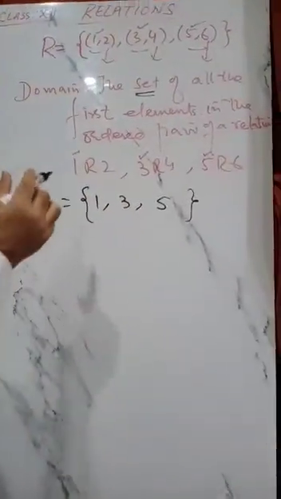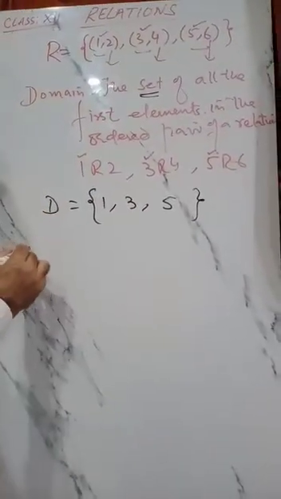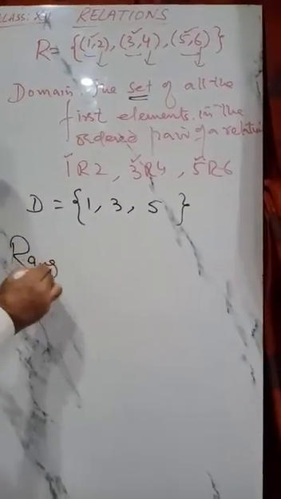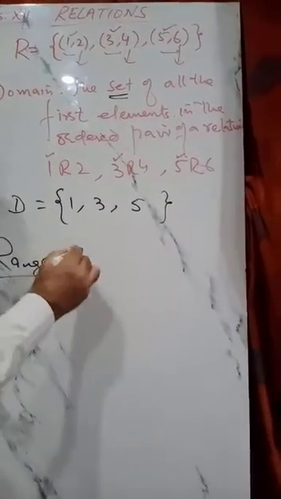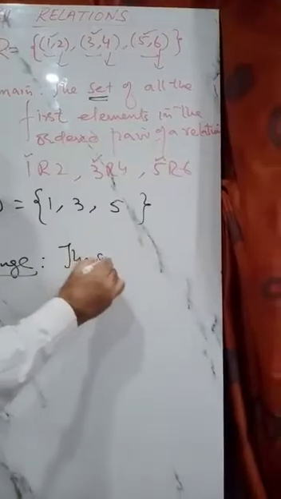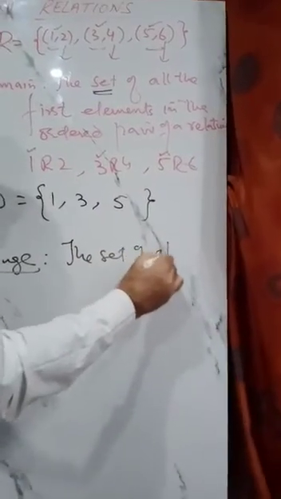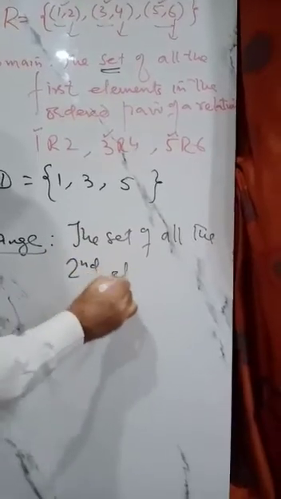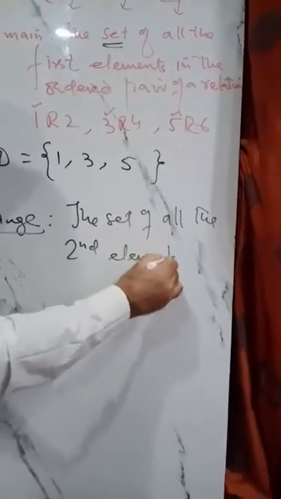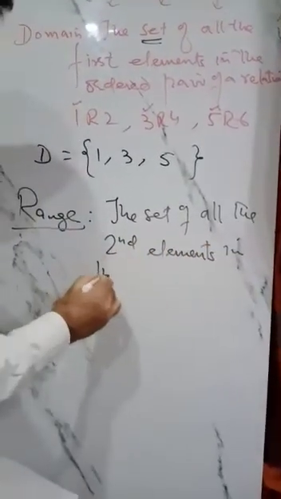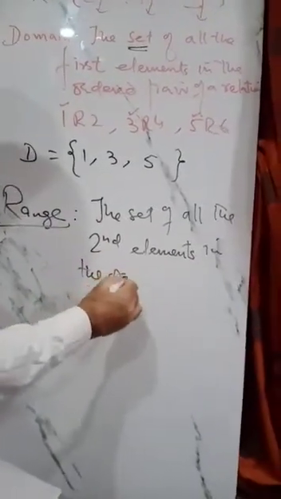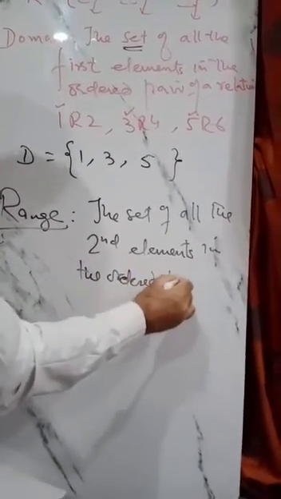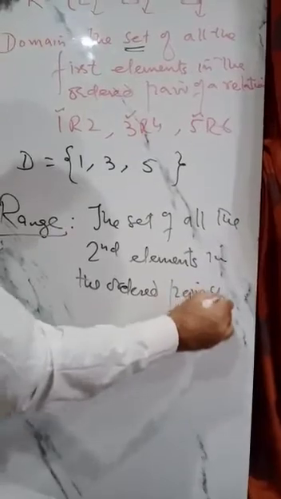Next we have the range. So range is the set of all the second elements or values in the ordered pairs of a relation.